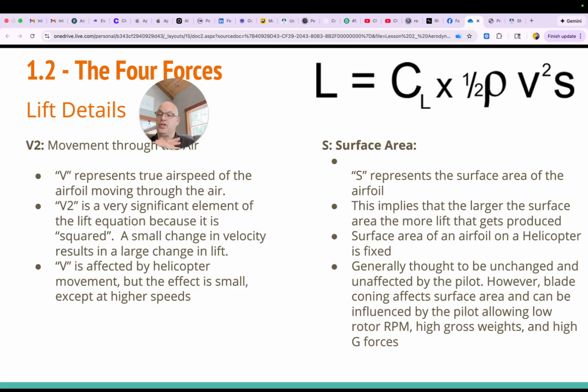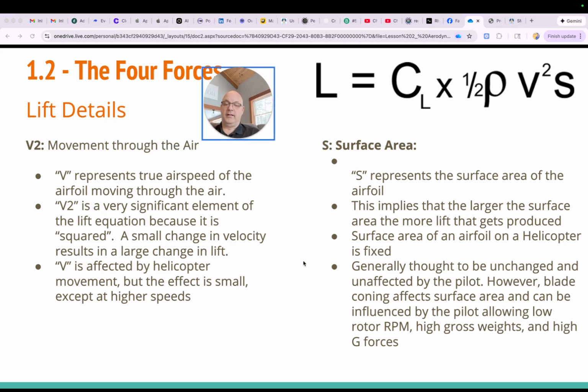All right, the speed is the movement through the air itself, right? It represents the true airspeed. And it's a significant element of the lift equation because it is squared, right? A small change of velocity results in a large change in lift.